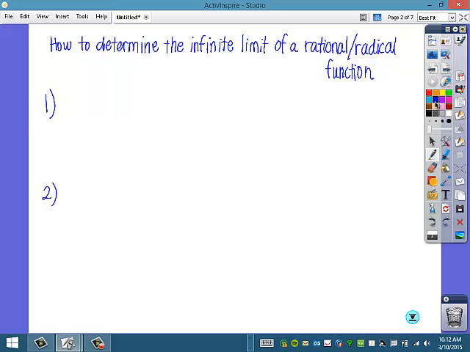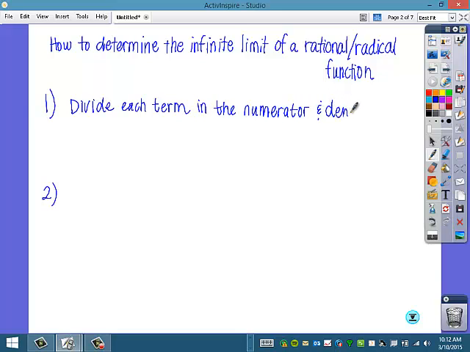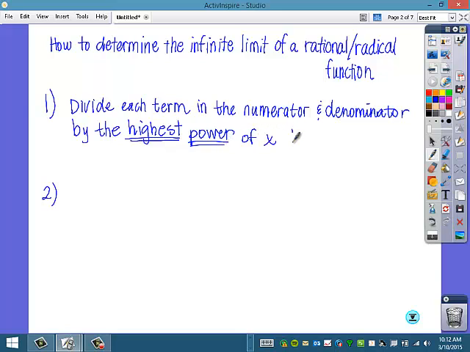So the first thing you're going to do is divide each term in your numerator and your denominator by the highest power of x that occurs in the denominator.